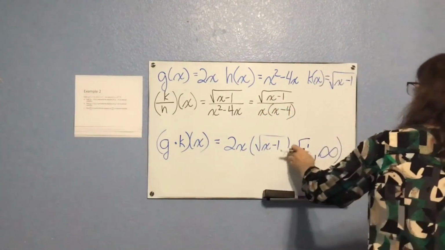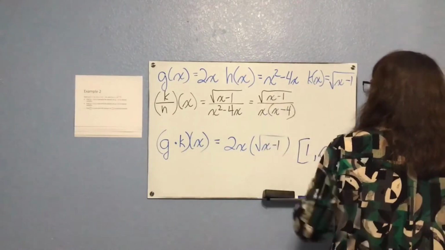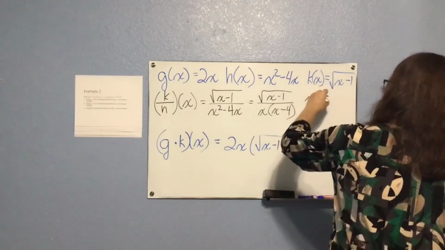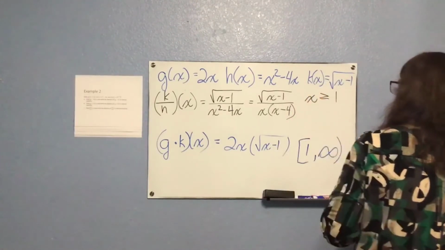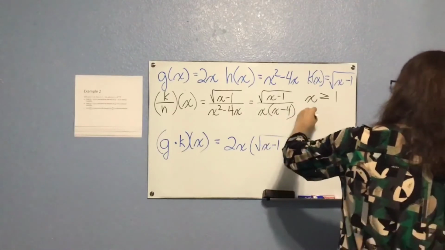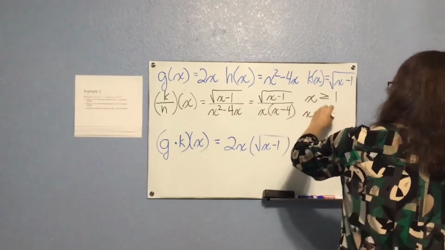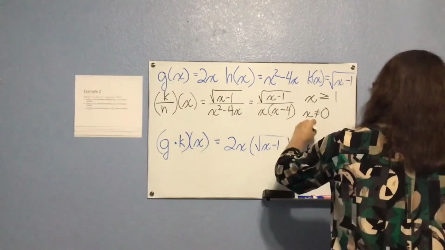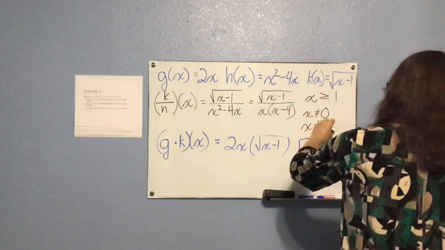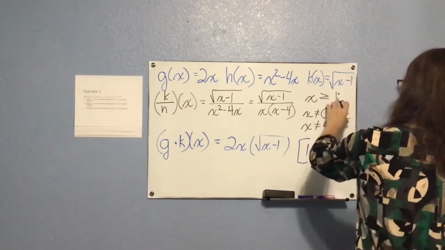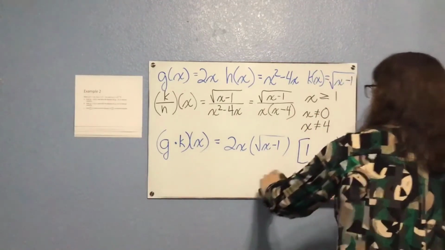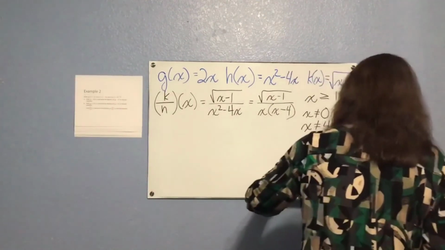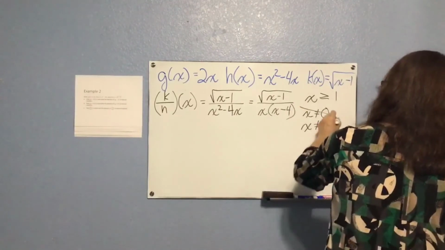Well, from the last part, I know that for this top part to be a real number, x has to be greater than or equal to 1. x cannot be 0, which is already excluded by greater than or equal to 1. And x cannot be 4, which is not excluded yet. So I'm going to write the domain in interval notation. I don't have to worry about this part.